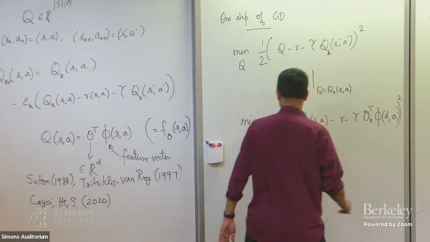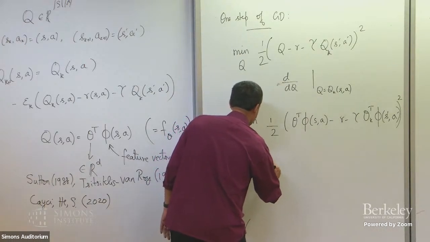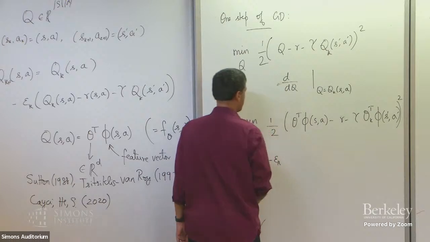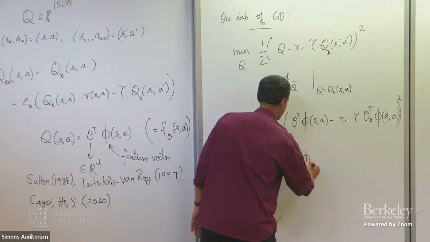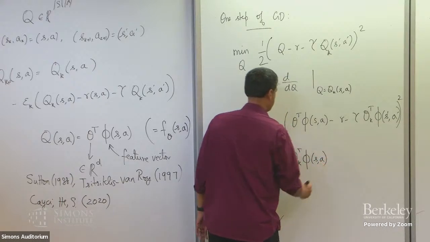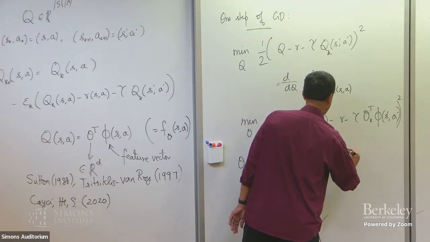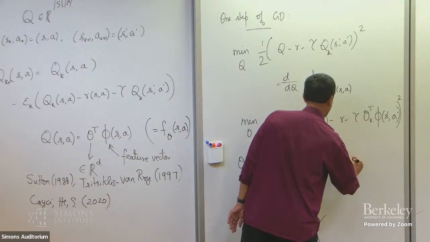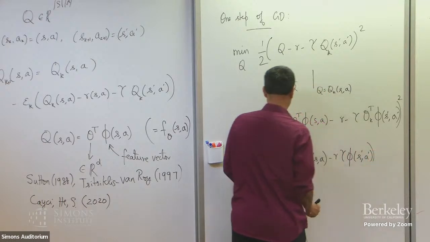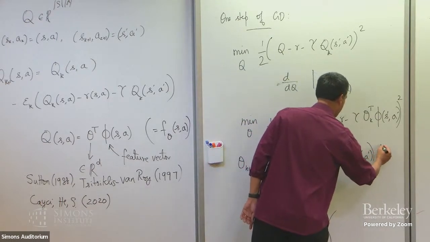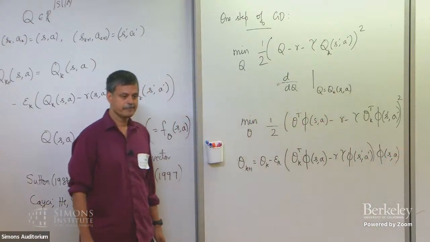If you do that, then your algorithm naturally becomes theta k plus 1 equals theta k minus epsilon k times the derivative, which gives theta k transpose phi(S,A) minus R minus gamma V(S prime, A prime), and then because I'm differentiating with respect to theta, I get a phi(S,A).